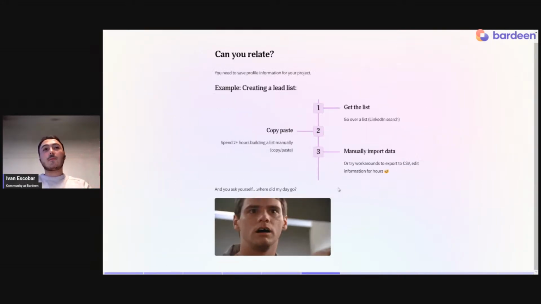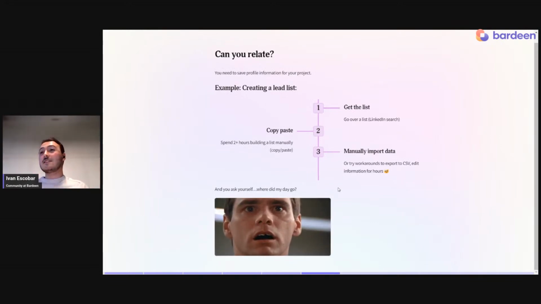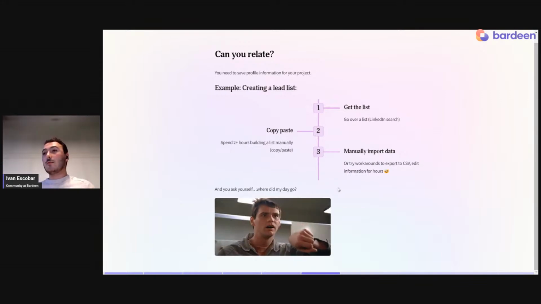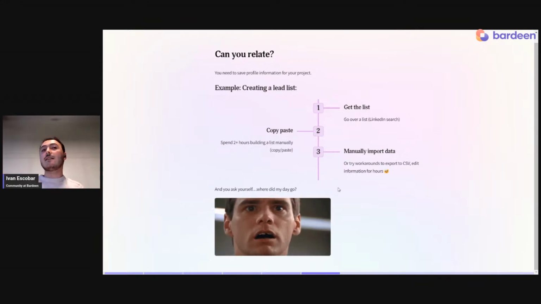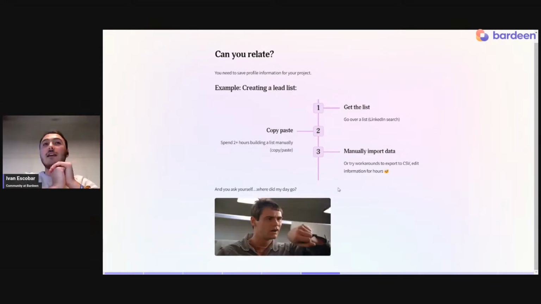So I bet you have done something like this before. For instance, you have to save a LinkedIn profile information for your project, or maybe you're building a lead list of clients that you want to save into your database.